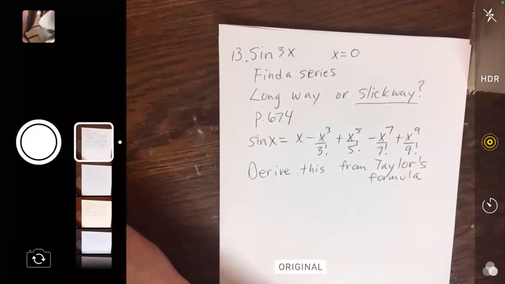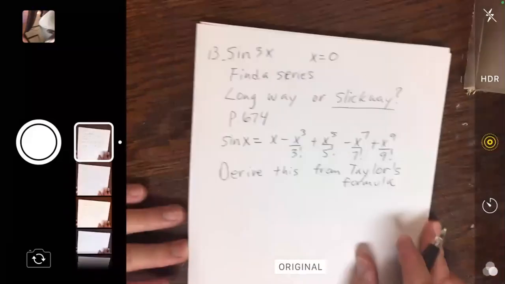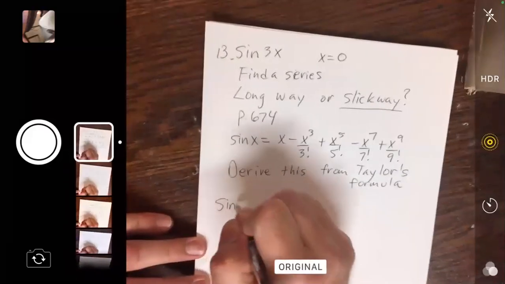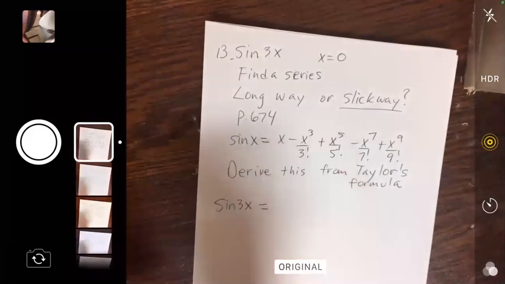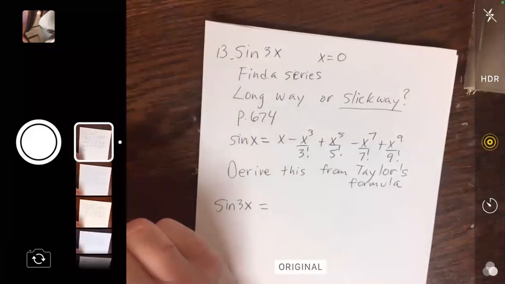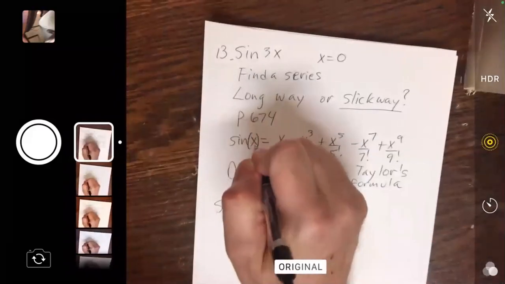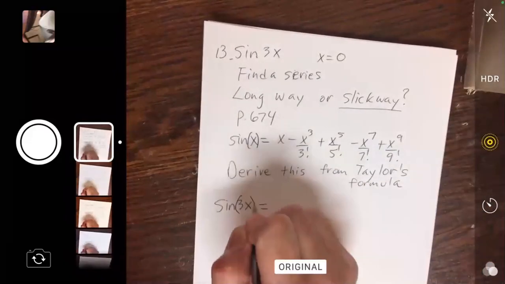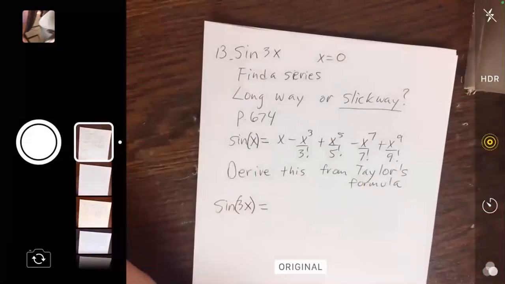I think we believe. Okay, so if you want a sine of 3x, what do you think you would do? If you use a straight x and you get this, but you want it 3x, what do you think you'd do? Do we just sub in and distribute the 3?